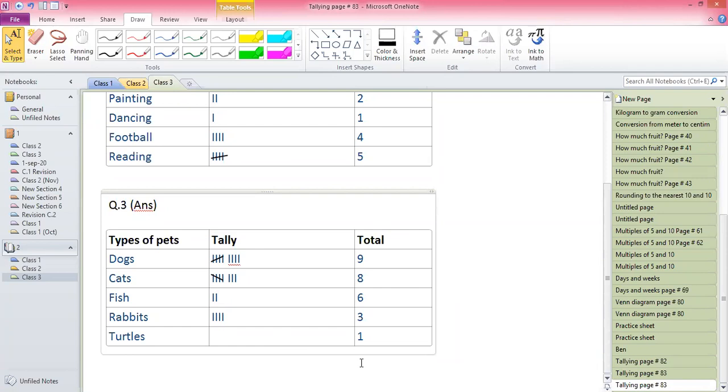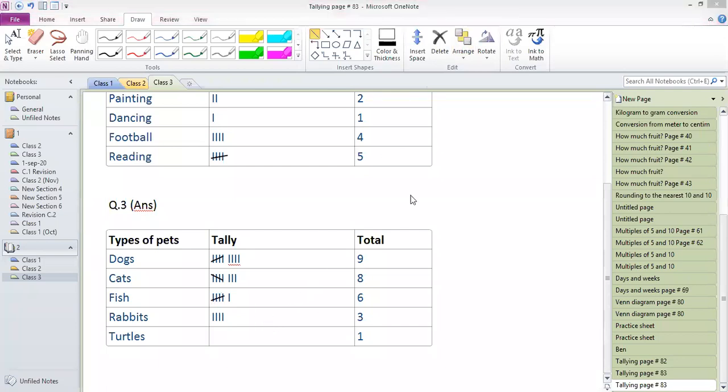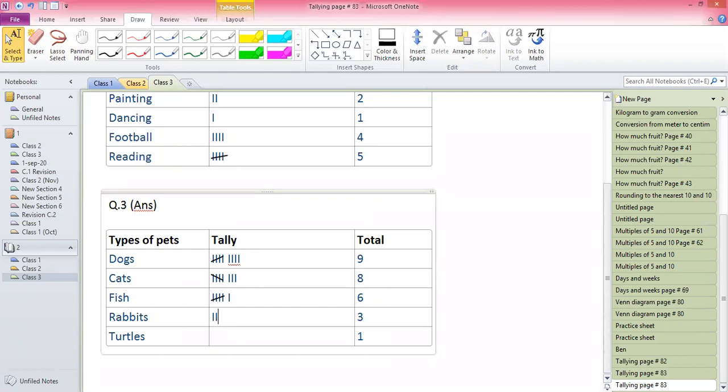I'm at fish right now. 1, 2, 3, 4. Fifth one will be cut, and this is sixth. Okay. Guys, no matter, you can cut in any way. Like this also and like this also. This is 3. So here we will mark only 3 tallies, and this is 1. So this is only 1 tally.